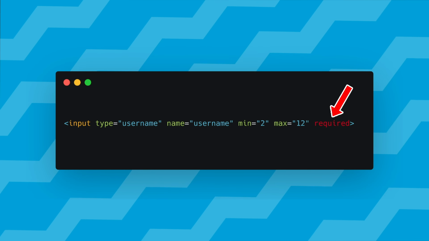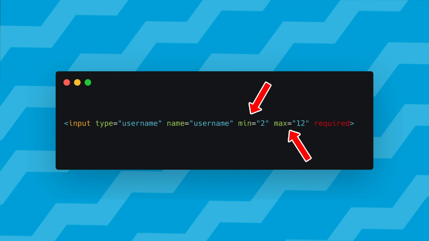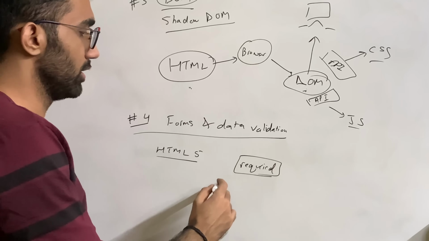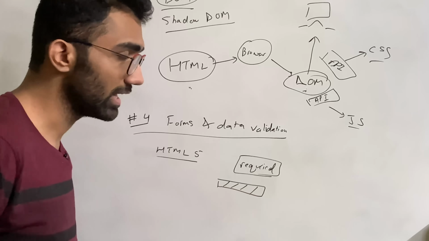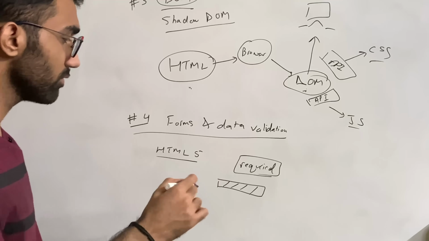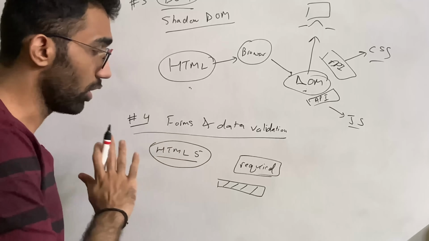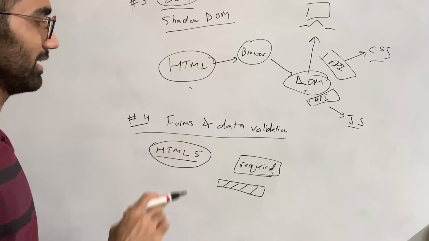You have to learn about how you can restrict the length of an input with the maxlength and minlength attributes. You can learn about how to restrict a particular format to a regular expression value, restrict the type of files which are being uploaded. And all of this is just done in HTML. I'm not talking about JavaScript over here. This is done in HTML itself.